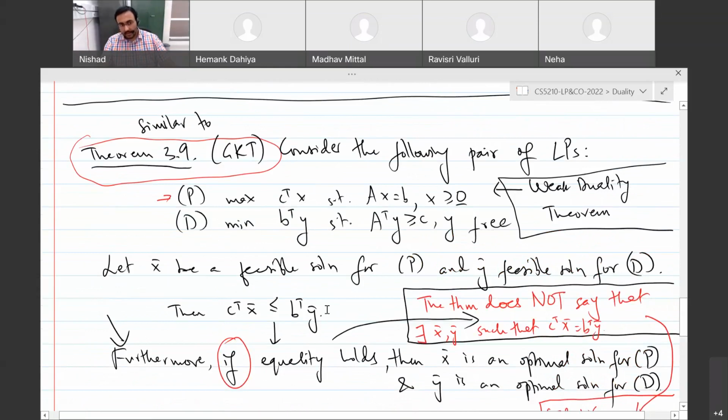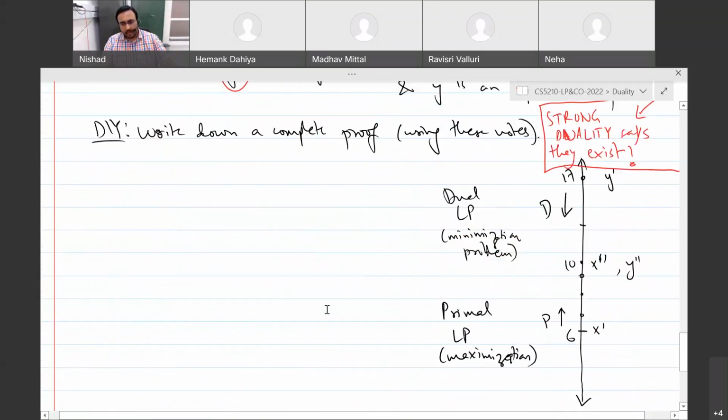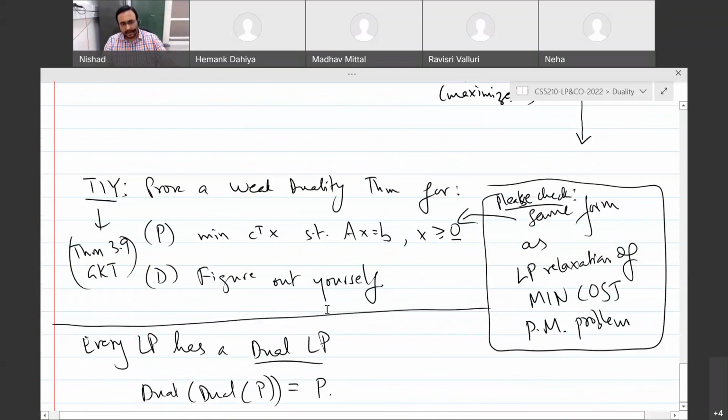Okay. All right. Did anybody write down the dual of this linear program? Right. So here you have a minimization problem. So your dual would be a maximization problem. And what do the constraints look like?